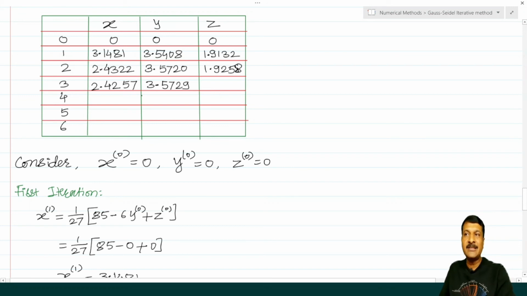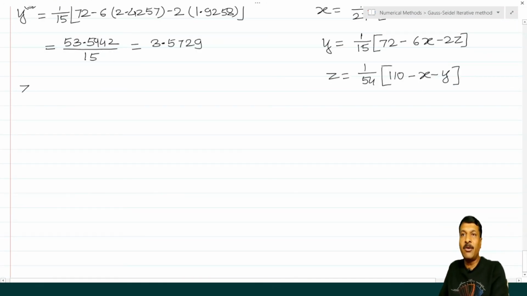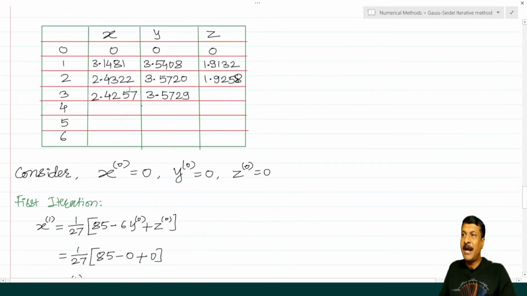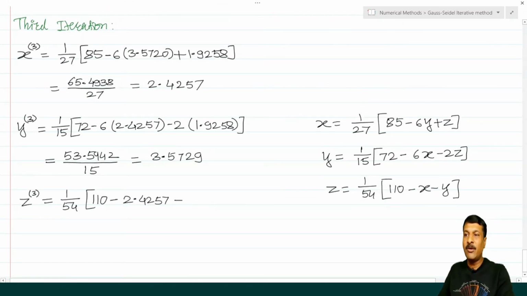So you can consider this value, but here the x value is not the same up to the third digit. So continue with the value of z. Definitely within 1 or 2 iterations we will get the answer. So third iteration, z value is 1 by 54 in bracket 110 minus recent value of x by table, 2.4257, minus recent value of y, 3.5729. So I am getting 104.0014.